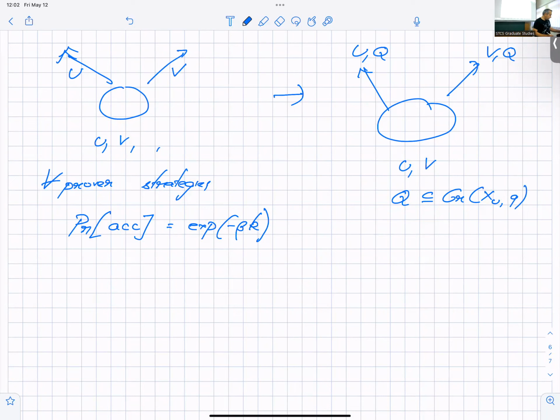What they claim is that revealing Q is going to give out some information, but yet the probability of acceptance over here is still exponential in minus beta k, dampened by an exponential in QL factor. It dampens by this factor, but that's a factor that I can afford. Giving this Q is going to reduce the space of this one, but it reduces by this.